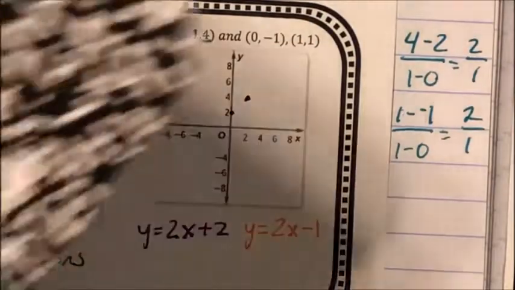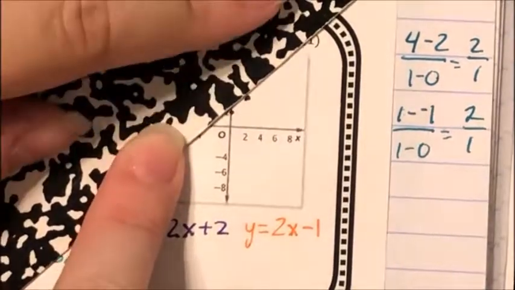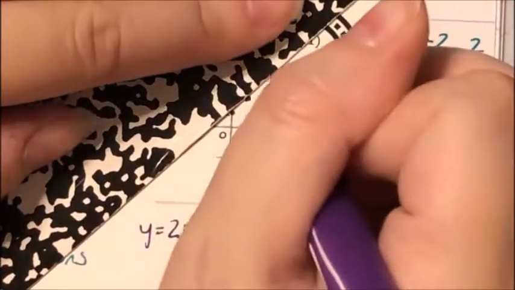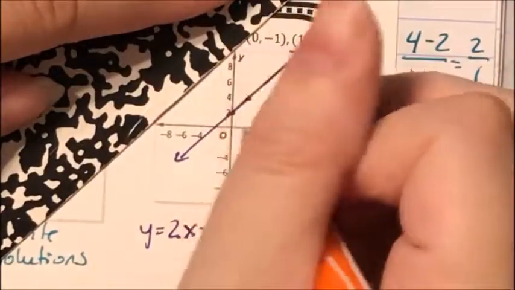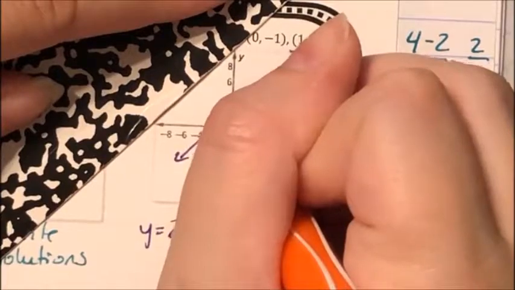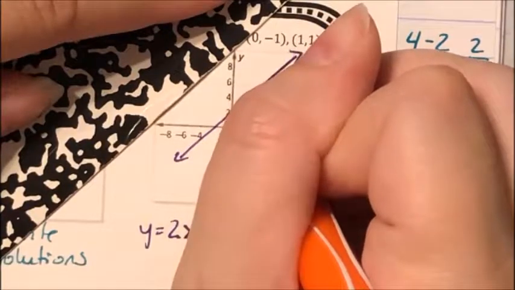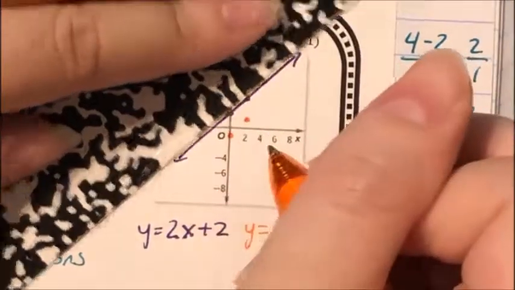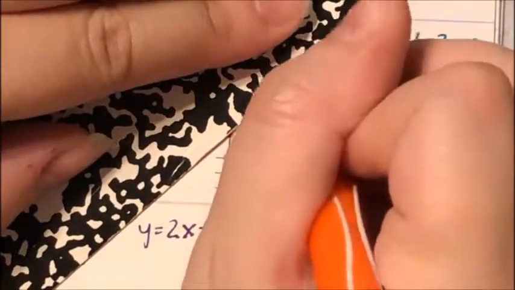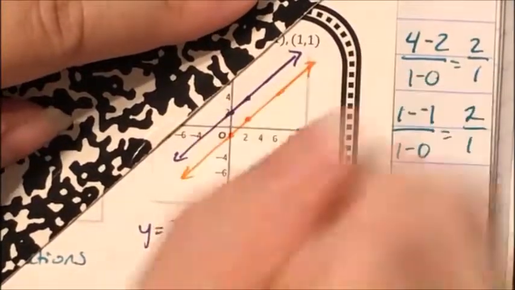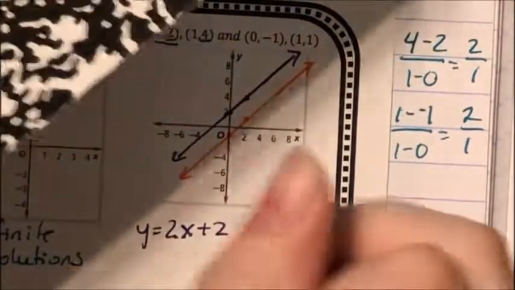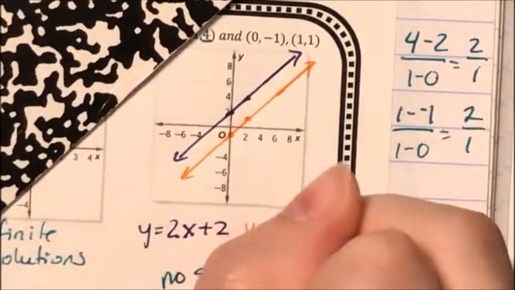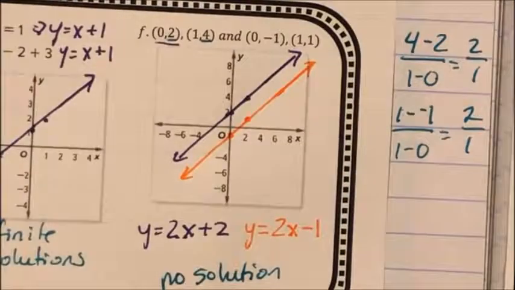Okay, here's my first one. Okay, second one, minus 1. Right there, up 2 over 2. They are parallel, so this one has no solution.